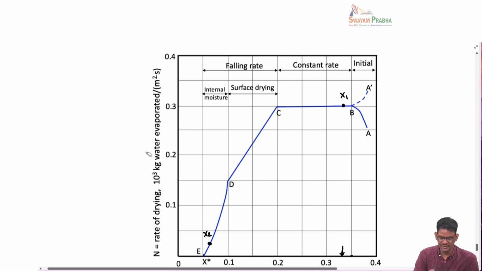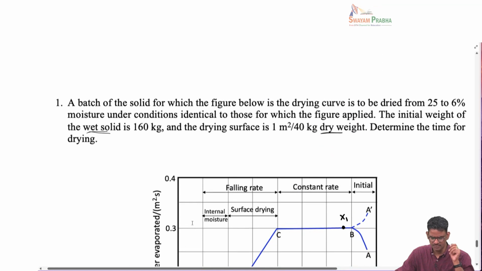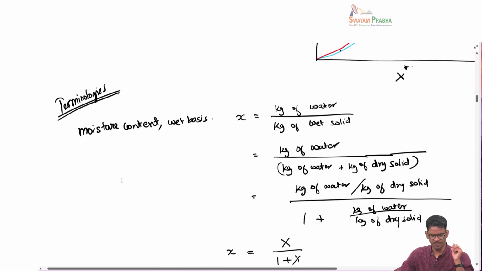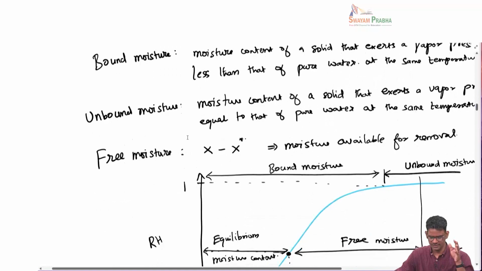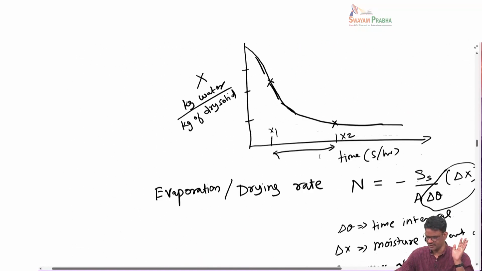Like I said, the default is always weight basis. Sometimes it's mentioned, maybe for this particular problem it is not mentioned, but usually it is. If it's not mentioned, you take it as a weight basis. If you remember, the moisture content is introduced on a weight basis for the first time.